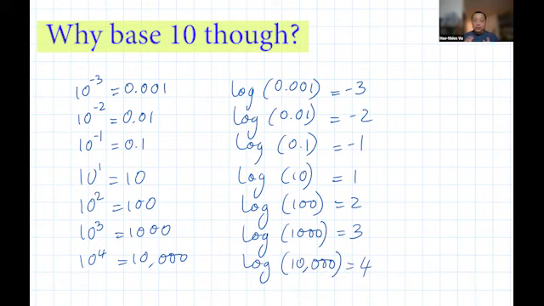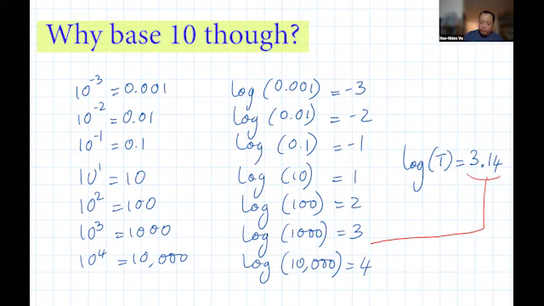You get all of these logarithms. And so if you're dealing with some quantity, for example, if I'm working with some quantity t and I take the logarithm of it, and I find out that the value of the logarithm is, let's say, 3.14, then since I know the 3.14 is around here somewhere, that tells me that t is around here somewhere in the thousands.